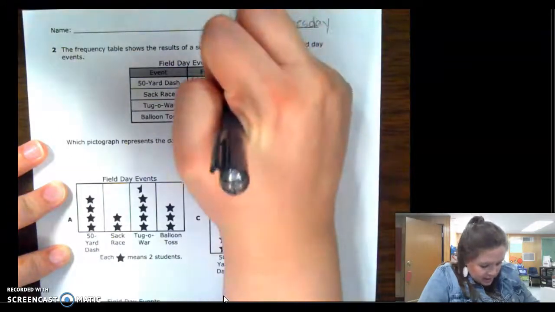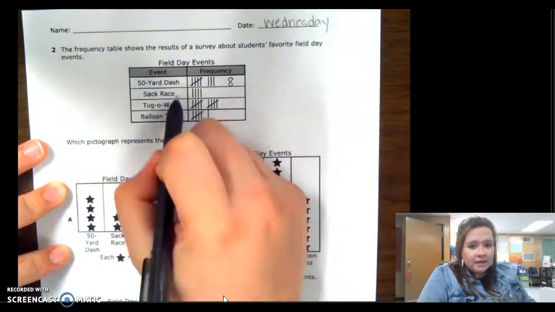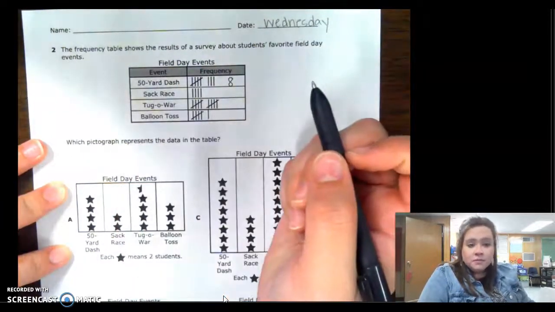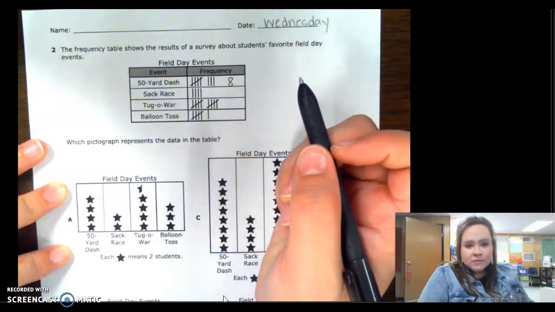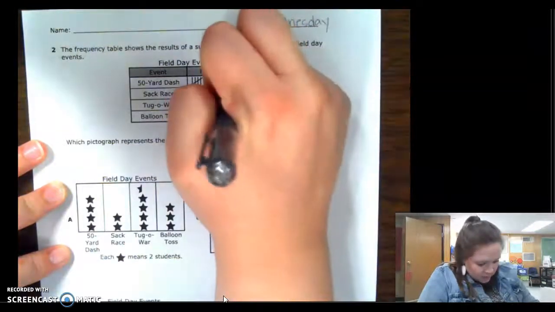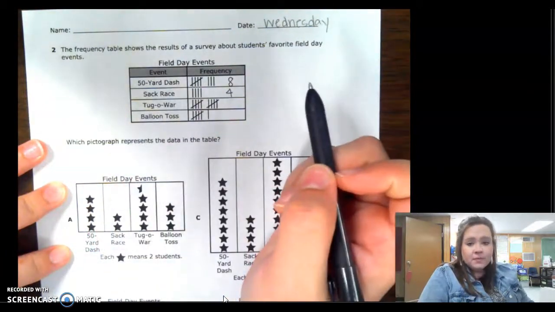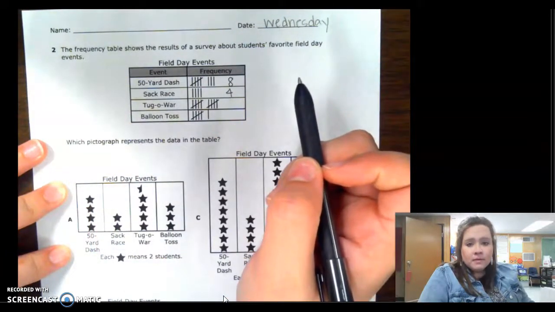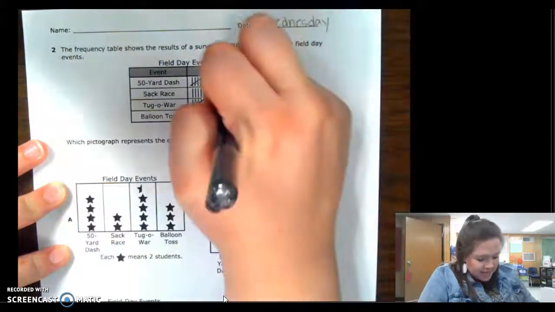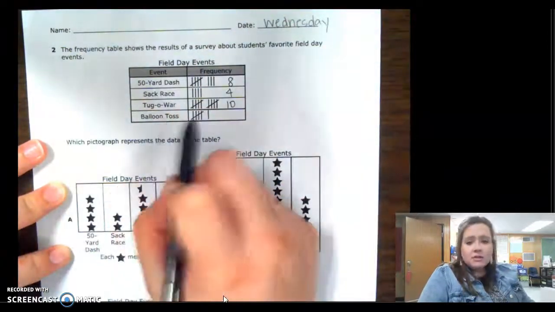Good. 8 students. How many liked the sack race? Good. 4. How many liked tug-of-war?